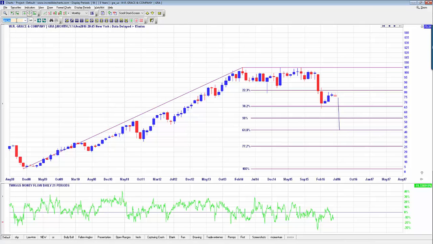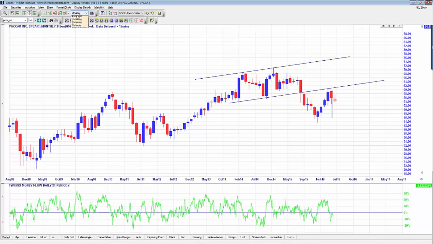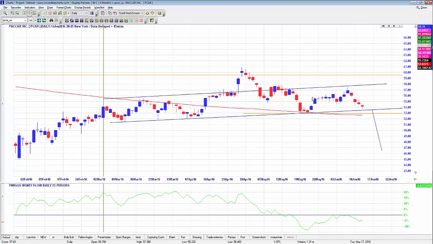Okay, next we have PCAR. Now this one's a little bit early. You can see the head and shoulders here. Again, divergent money flow, not yet breaking down below the support. That could tie into a possible rally in the US markets over the next couple of days.